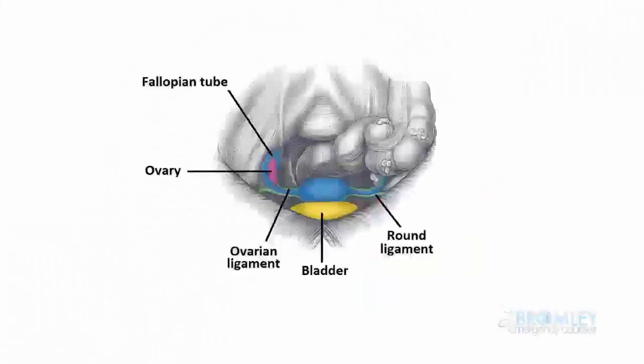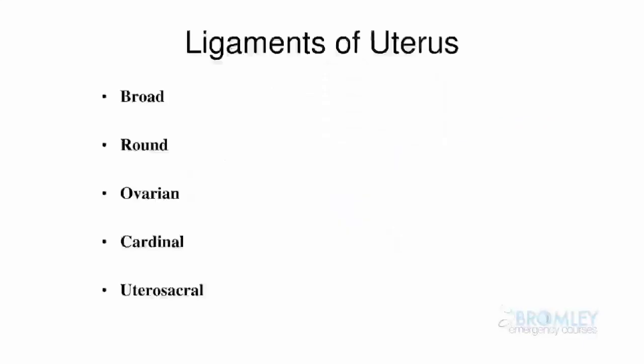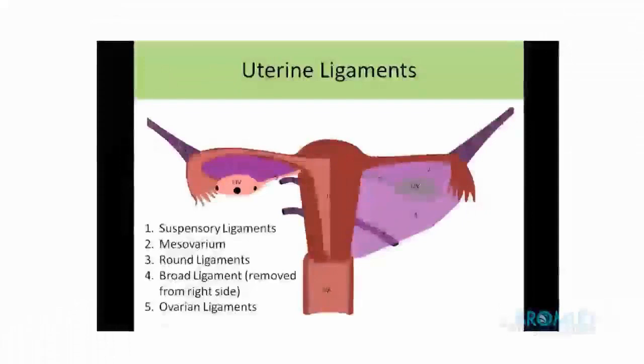They contain the uterine artery and vein in addition to providing support to the uterus. So important things to remember about uterine ligaments: the broad ligament is a double fold of peritoneum. The round ligament is a remnant of the gubernaculum and maintains the anteverted position. The cardinal ligament contains the uterine artery and vein.